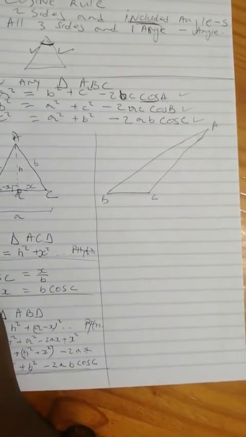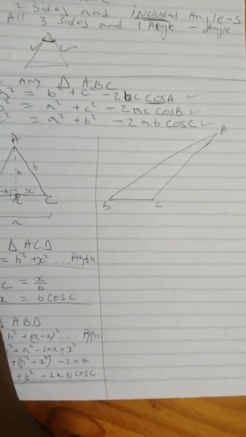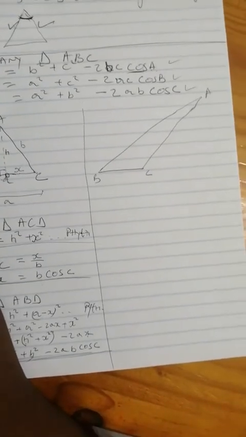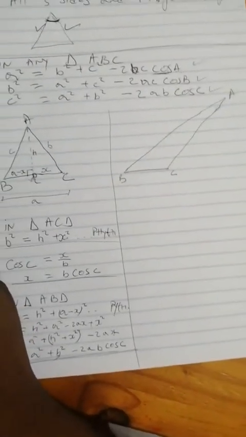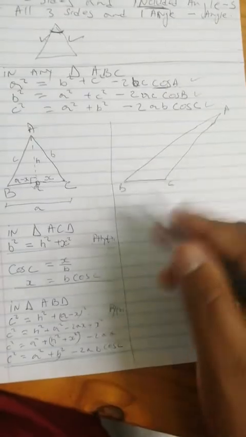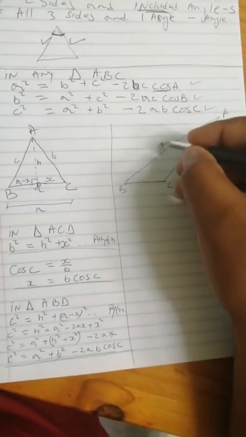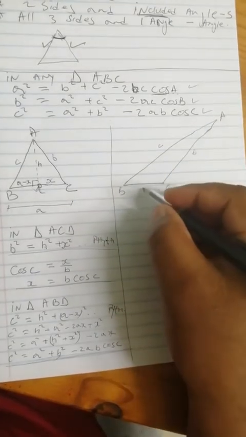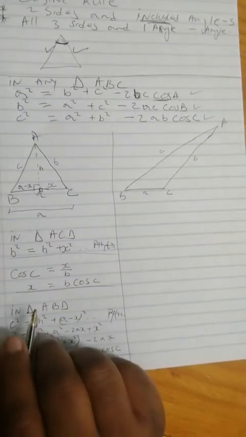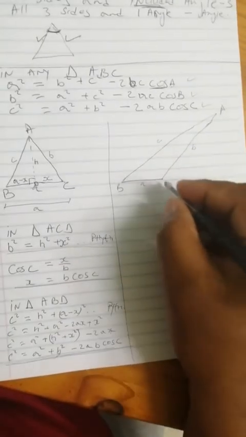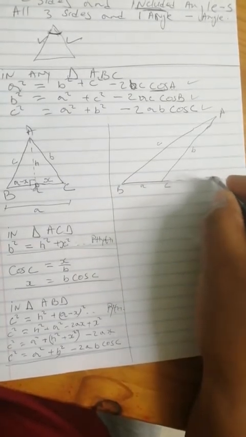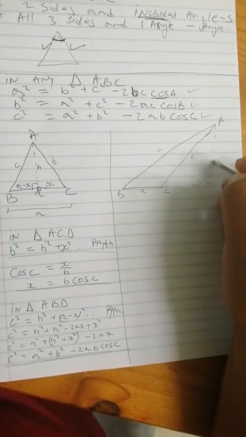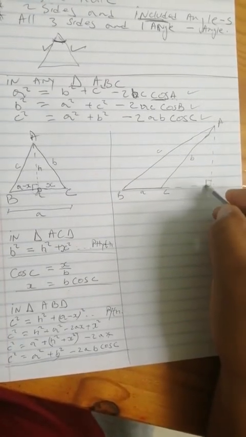Now let's see how this is done in an obtuse angled triangle. Let us also name the sides. We've got a small c there, a small b here, and a small a there. Now let's construct a height. We have to extend this side and then drop the height so that they are perpendicular.